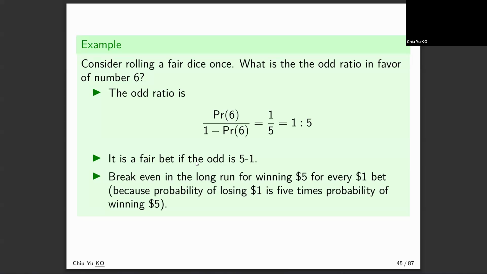And why we want to mention this is because in many betting situations in the world, you can back out people's probability predictions. Suppose I want to know how likely a US candidate is to win using the betting market. How can I do that? Look at the odds ratio posted online. People keep betting, and then you can back out from the market probability how the market in aggregate thinks who is going to win, who is going to lose. Actually, the same thing can be done with the option market or futures market.